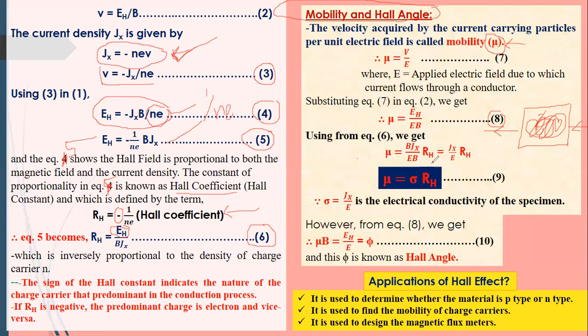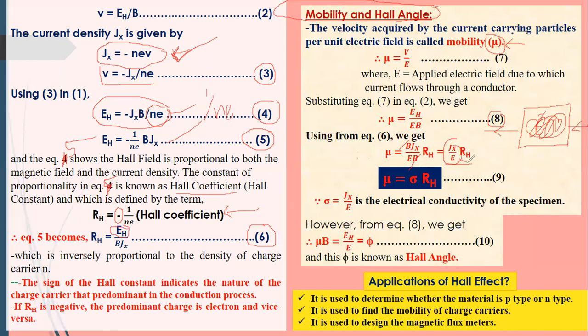Here B gets cancelled, that is, the magnetic induction gets cancelled, so we get Jx upon E times RH, and therefore mu is equal to sigma RH, because sigma is nothing but the current density upon the applied electric field due to which current flows through a conductor.